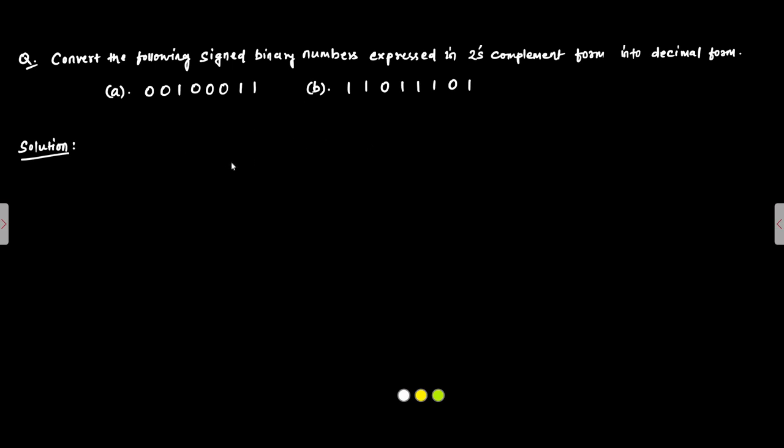So here also the process is same. First we have to assign the weights. So these are 8-bit numbers. So 7, 6, 5, 4, 3, 2, 1, 0.